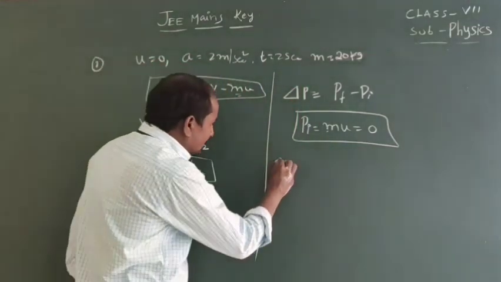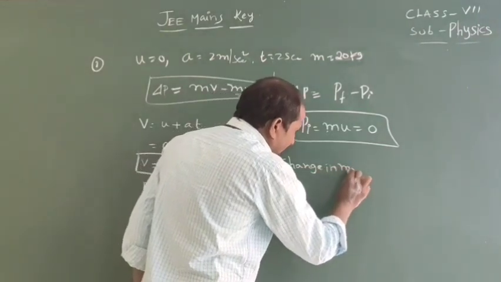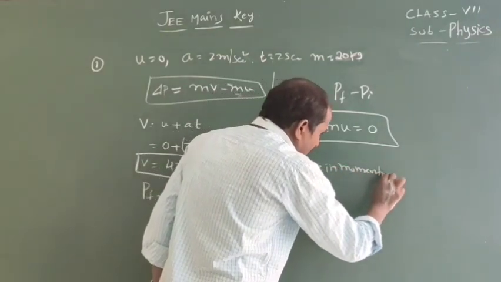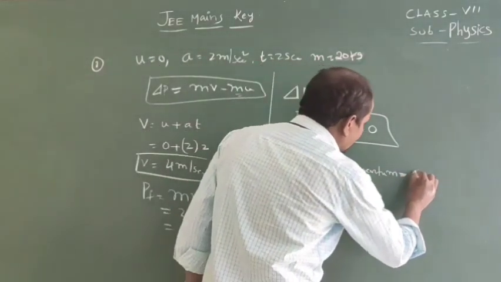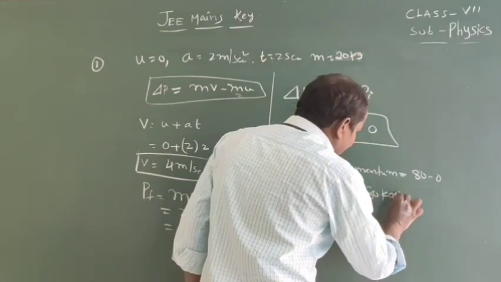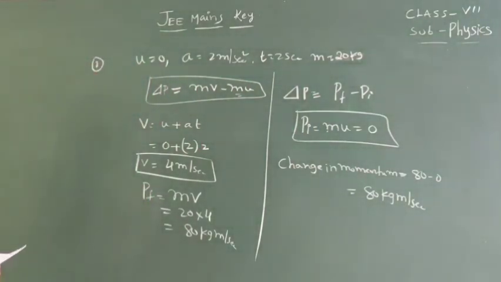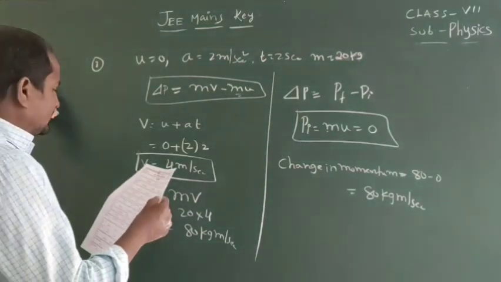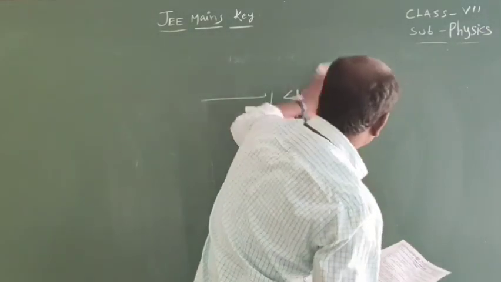Therefore change in momentum equals 80 minus 0, that equals 80 kg meter per second. It is the question number 2. Next, question number 3. Mass is given and force is given.